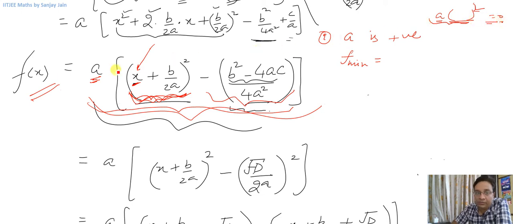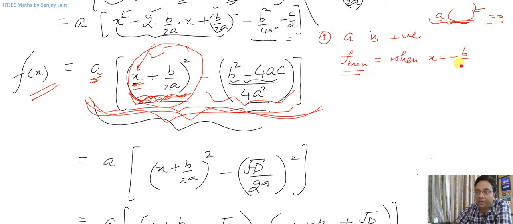Okay, so for this entire expression to have minimum value, this expression should have its minimum value, that is 0. And when will it become 0? When x is negative b by 2a. It will have its minimum value when x is equal to minus b by 2a. And what will be that value?